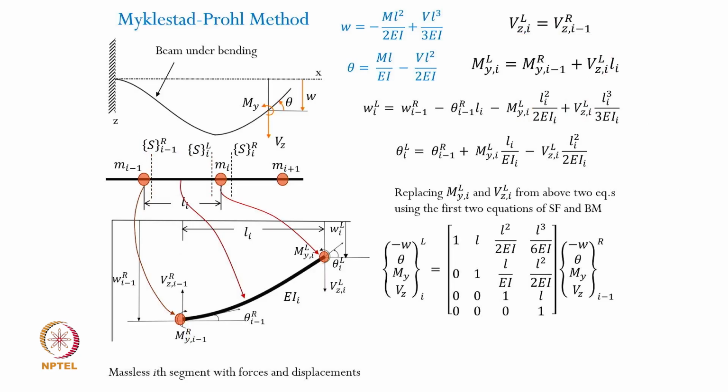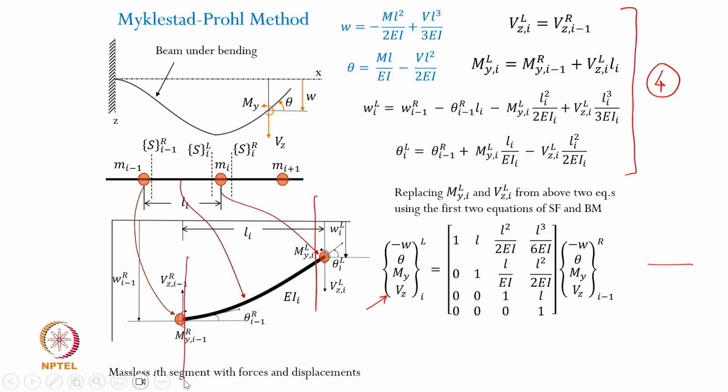And then I can club all of these, or I can represent all these 4 equations in a matrix form, which relates all the state variables on the left of the ith mass to the state variables on the right of the i minus 1th mass.